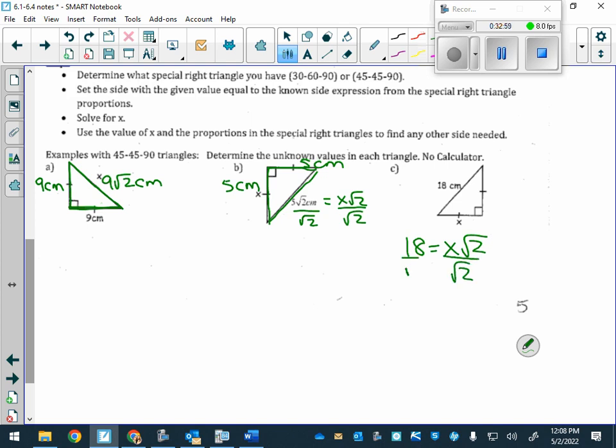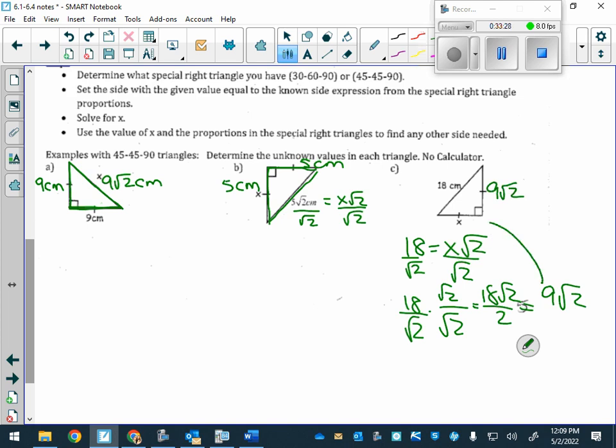Good. Divide by root 2. Then I have 18 over root 2. Multiply top and bottom by root 2. So I have 18 root 2 over 2. Keep going, John. Good. And we could simplify to 9 root 2. So both side lengths are 9 root 2.